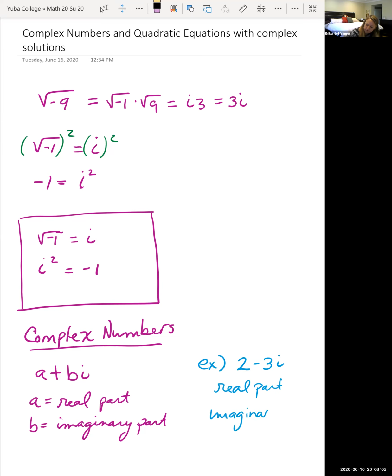So the real part is the number without the i, and the imaginary part is the coefficient in front of the i. And make sure you're carrying the sign. So in this case, the real part we would say is 2. And the imaginary part in this case is -3.